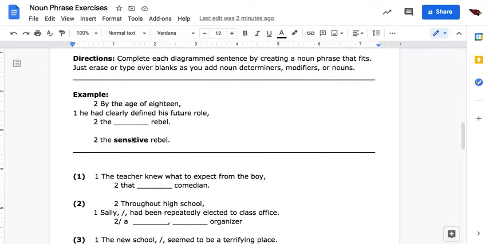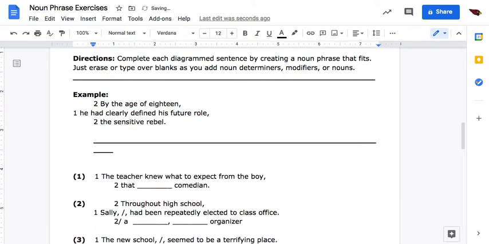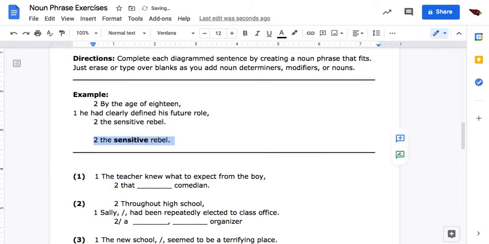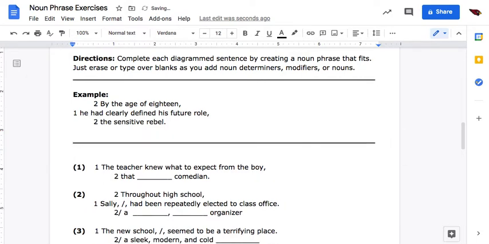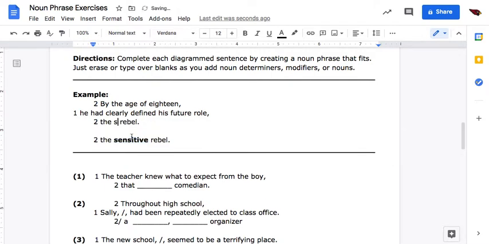And of course, you would rack your brain to try to figure out, well, what kind of rebel might he be? And this is an example of your thinking right here. But all you're going to do is get rid of this part. You don't need it. And that would be it. So I'm just going to go back to where it was.